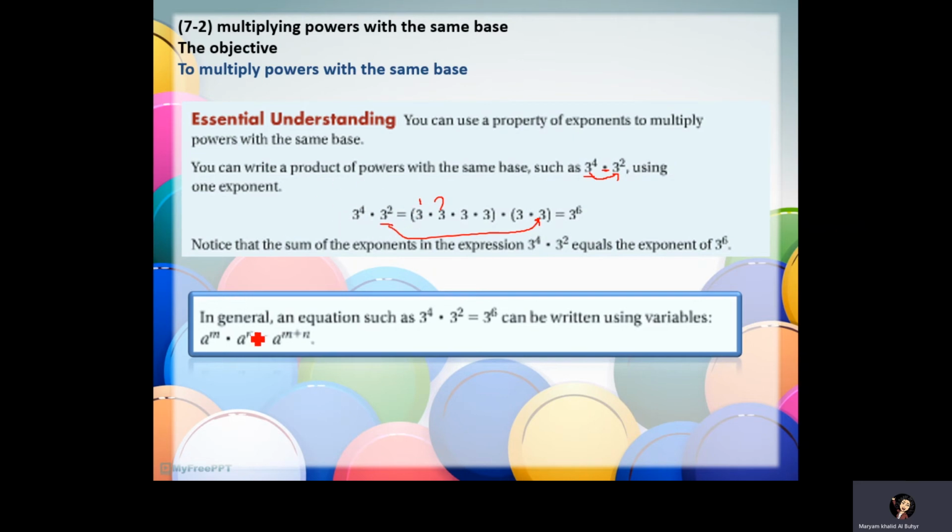So that's the idea. In general, if we have a to the power m, where a is any number, times a to the power n, and this a and this a are the same, you can directly add the powers. You can say m plus n, just add them and get the result. Let me give you some examples.